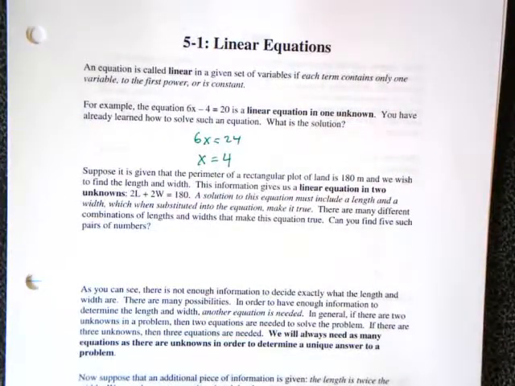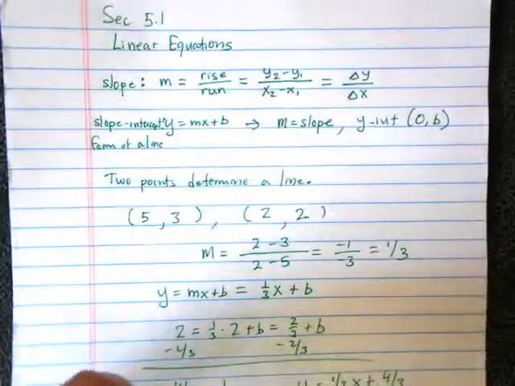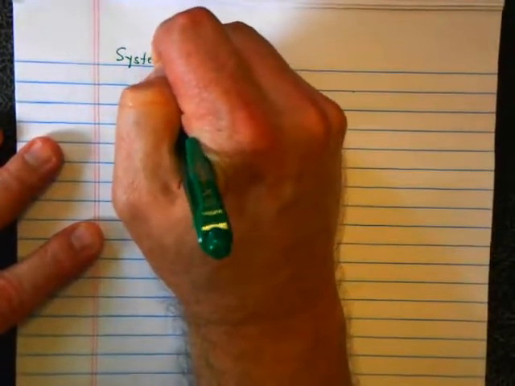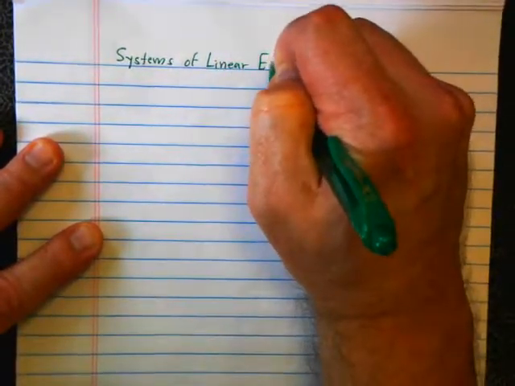All right. So you've studied linear equations in the past. What we're going to study in Chapter 5 are things called systems of linear equations. And the word systems is a fancy word, which simply means more than one. Systems of linear equations.